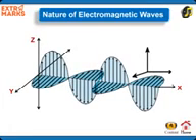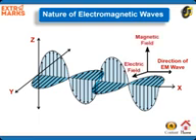Let's study the nature of electromagnetic waves. Consider an electromagnetic wave propagating along the x direction such that the electric field and magnetic field vary along the y and z directions respectively.